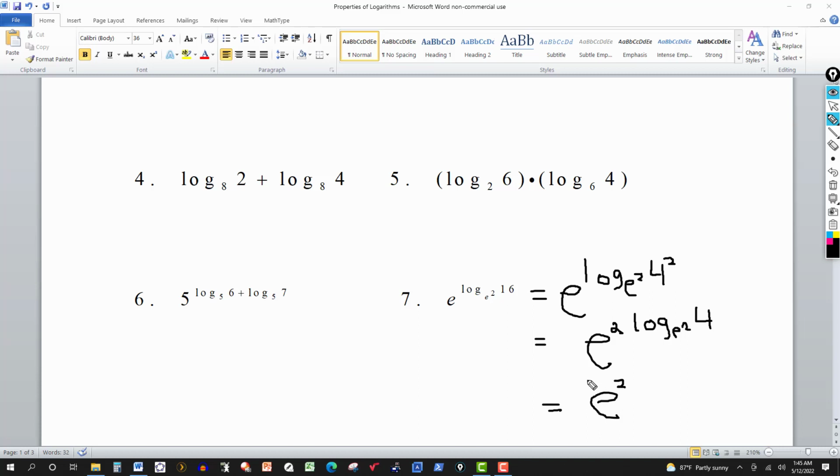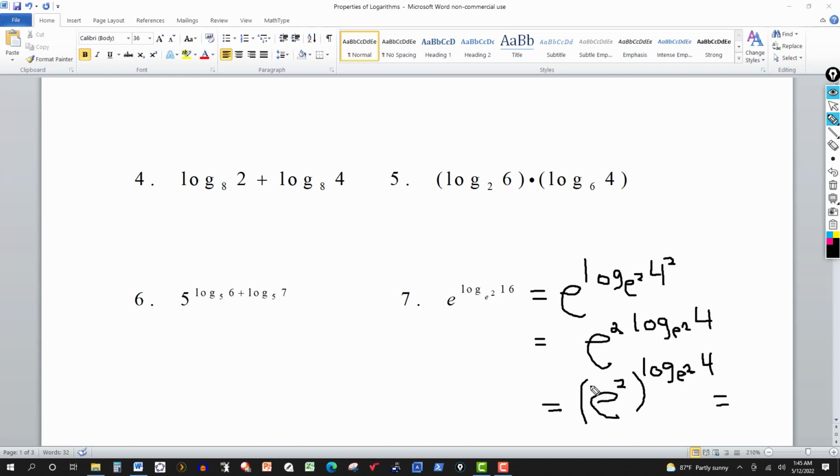This is the same thing, just another view of this. I'm going to write this as log base e squared of 4. Now can you tell me the answer?